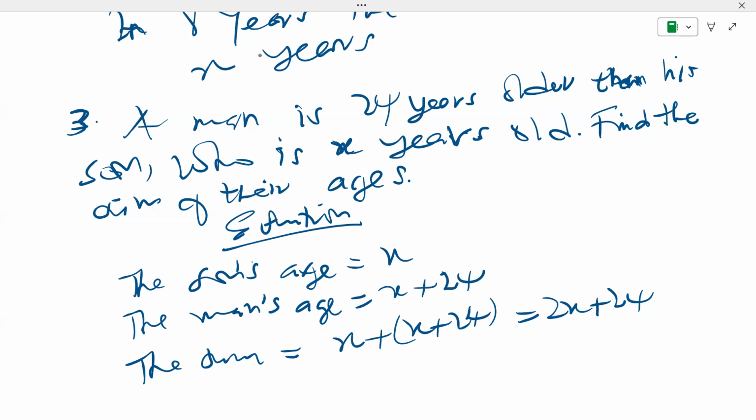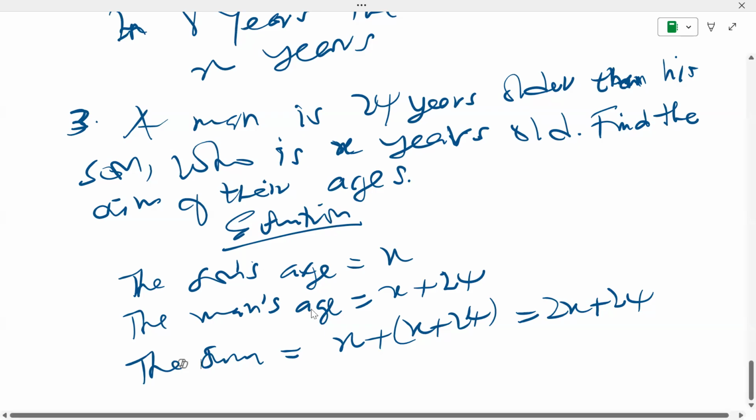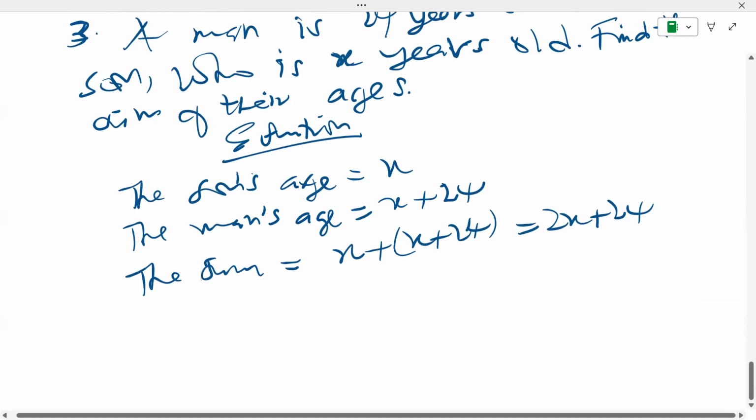We've been asked to find the sum of their ages. The x here is for the son, and x plus 24 is for the father. So x plus x will be 2x plus our 24. Right, and so that is how this is done.